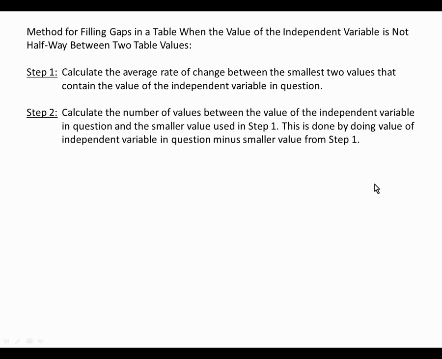Step 2, calculate the number of values between the value of the independent variable in question and the smaller value used in step 1. This is done by doing value of independent variable in question minus smaller value from step 1. Again, like if I went 1, 2, 3, 4, 5, and I had 4.1, you're going to be looking at 4.1 minus 4, so it's 0.1.